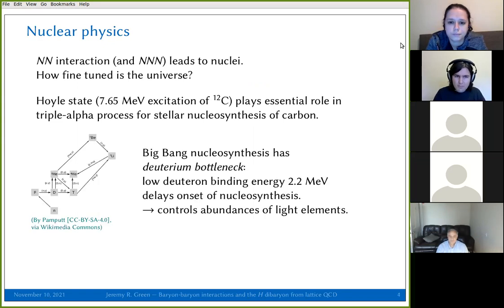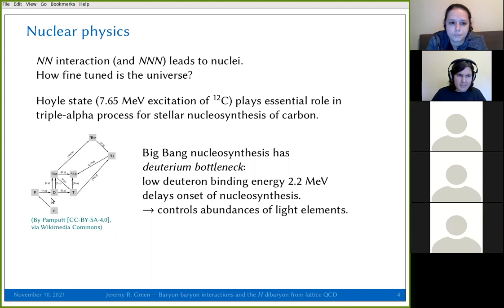In the two-nucleon sector, we can look at Big Bang nucleosynthesis. This is from the early universe, when, as the universe cooled, you started to form nuclei. It's a bottleneck, being that there's only one bound state of two nucleons, the deuteron. The binding energy of the deuteron is quite small, meaning the universe had to cool enough that the deuteron would be stable before Big Bang nucleosynthesis could go on.